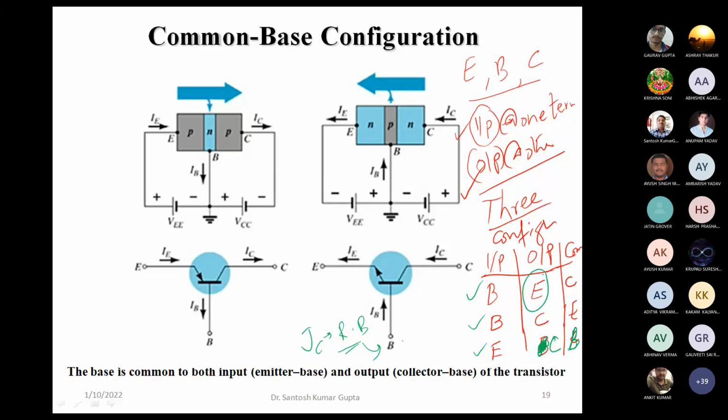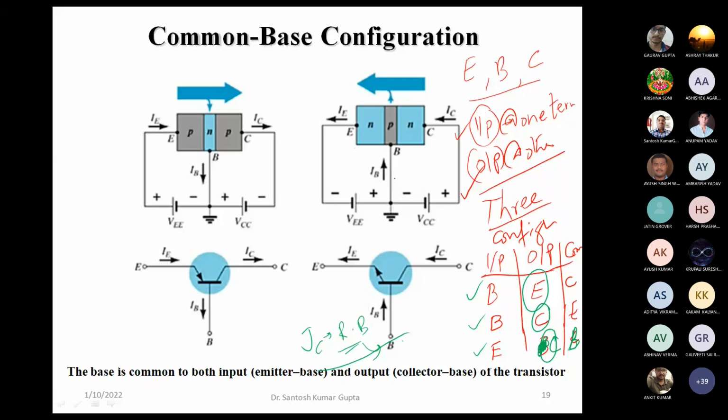Output we can take at emitter or collector, but we cannot take output at base, for a similar reason: the base is in the middle, and the base current is very small.